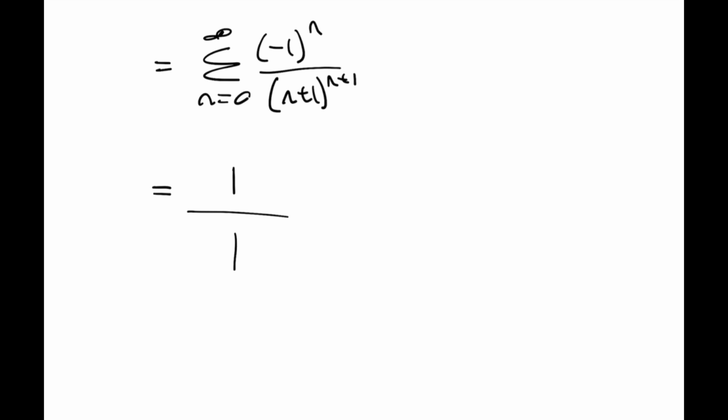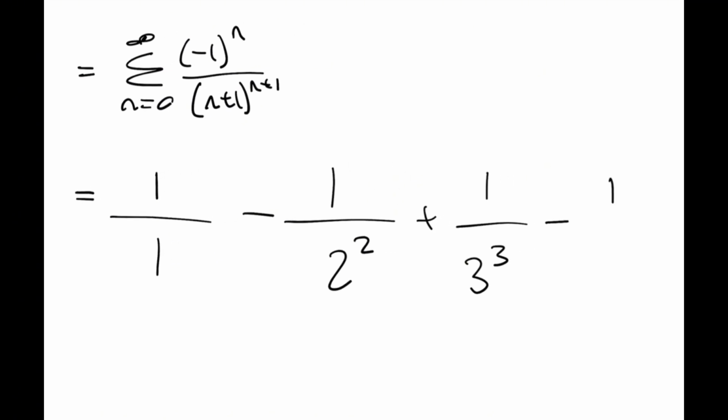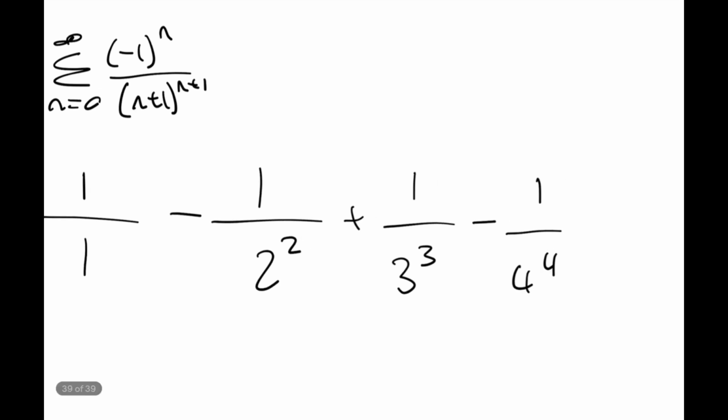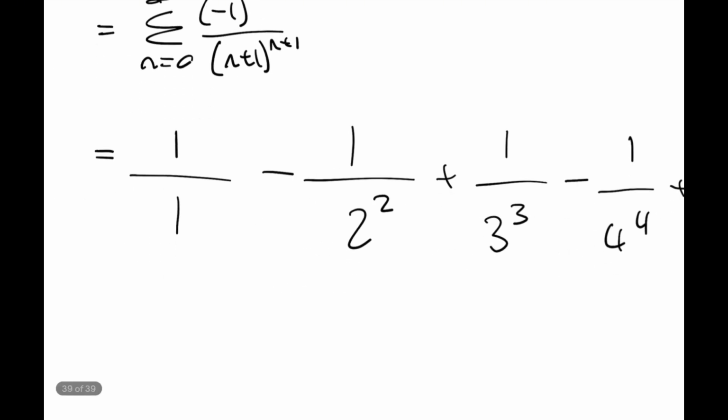Okay, and then we're going to have negative 1 to the power of 1, which is going to give you negative 1, so that's just going to be a minus now. And then we've got 1 plus 1 to the power of 1 plus 1, which is going to be 2 to the power of 2, and it alternates like this on forever, up to infinity.